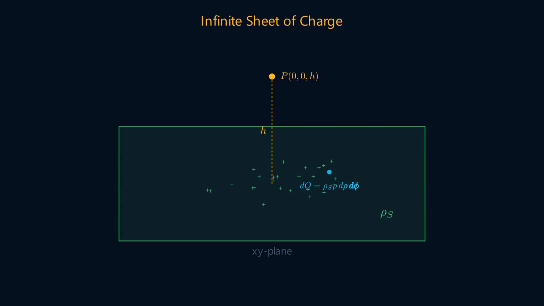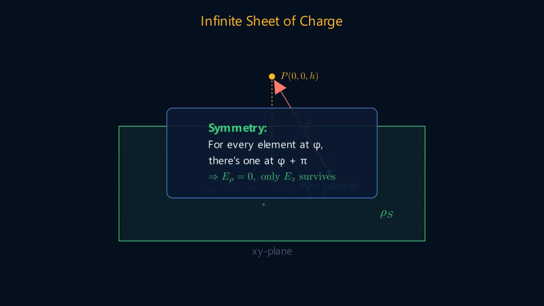Consider a small element ds at position ρ, phi, on the sheet. It carries charge dq equals ρS times ρ dρ dphi. The vector R from ds to point P has a radial component minus aρ and a vertical component h times az. Again, symmetry saves us. For every element at angle phi, there's one at phi plus pi.